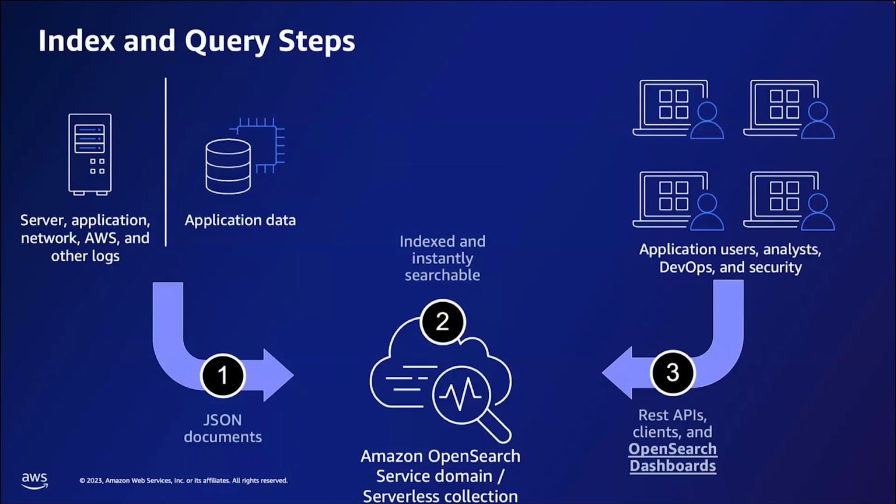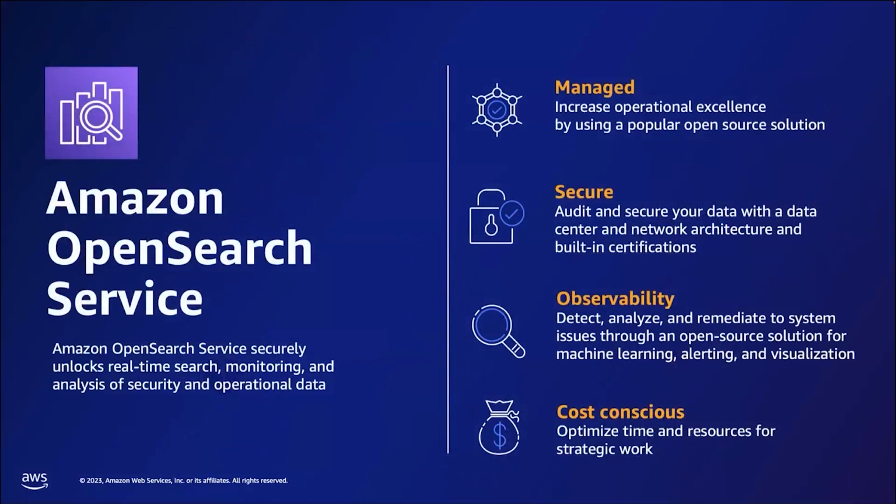So how does OpenSearch Service come into the picture? It gives you a fully managed service that makes it easy to deploy, operate, and scale OpenSearch clusters in the AWS cloud.